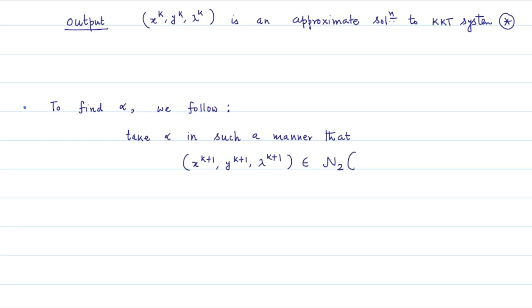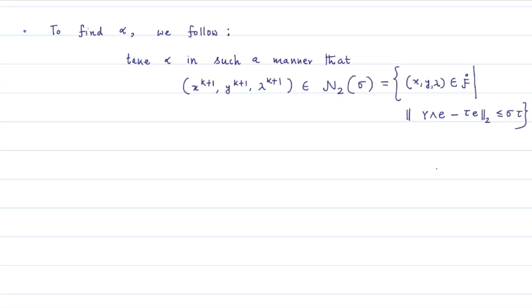Commonly, in the short step path following method, for a given value of sigma, the neighborhood is given by the set of points x, y, lambda belonging to F naught, such that the two norm of y lambda e minus tau e is less than or equal to sigma tau.